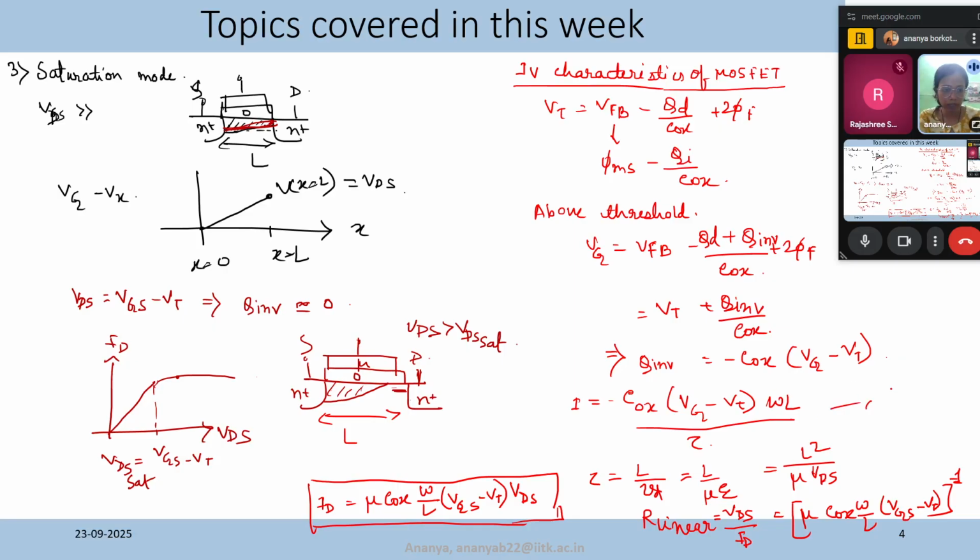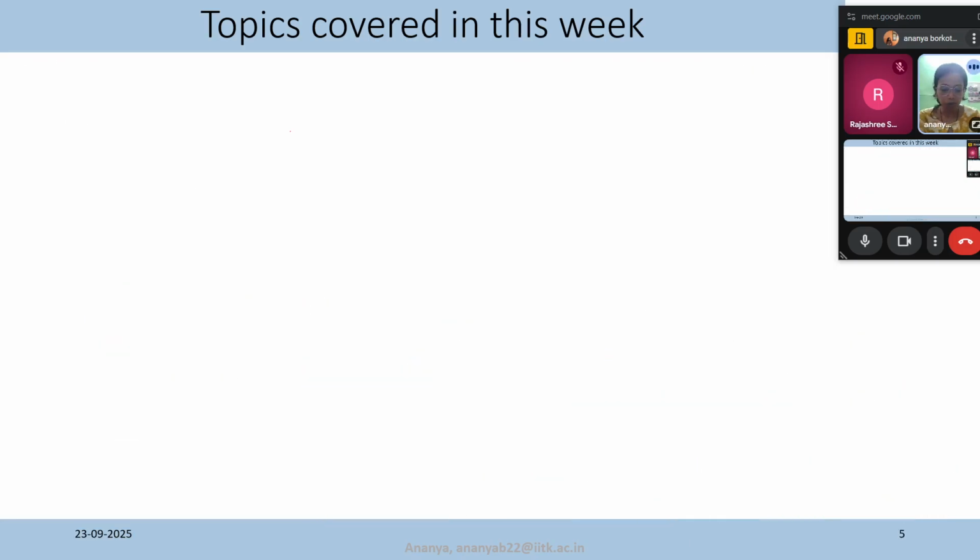So this is simply like the expression I equals Q by T. Now we can derive the expression for drain current by using something called the gradual channel approximation.